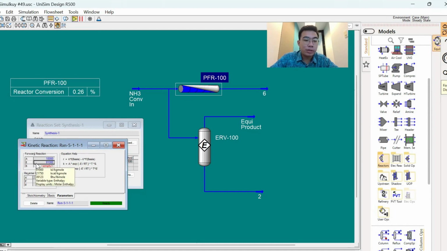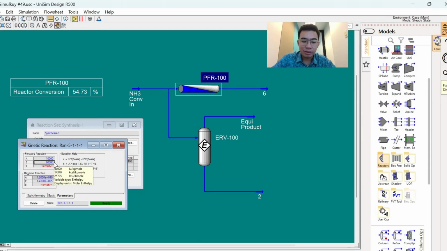Now for the E term, because it is in the minus exponential, if you want to make the conversion higher, you should lower your E. For example, I lower to 60K. Yeah, you could see the conversion become very high, 54%.